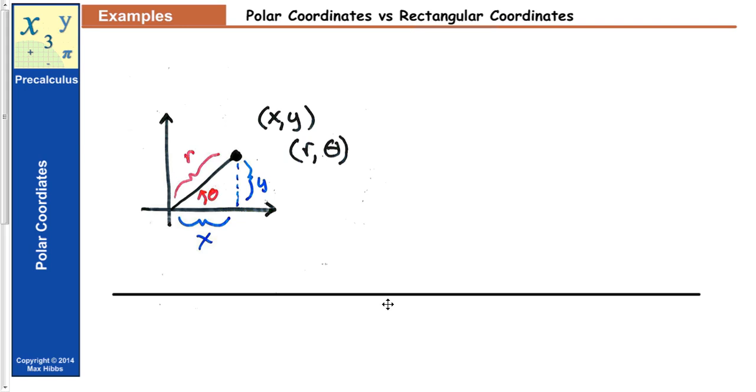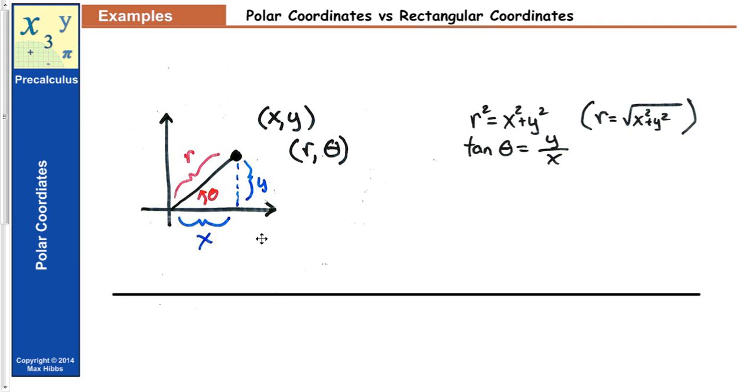Now, just because of the way I've set that up, there are some important observations, because we can think of a right triangle here, can't we? So if we have a right triangle, then because of the Pythagorean theorem, the sum of the squares of the sides is equal to the square of the hypotenuse. So if we take this side of the right triangle, x, and square it, and we add to that this side of the right triangle, y, and square it, then that's got to be equal to the hypotenuse squared.